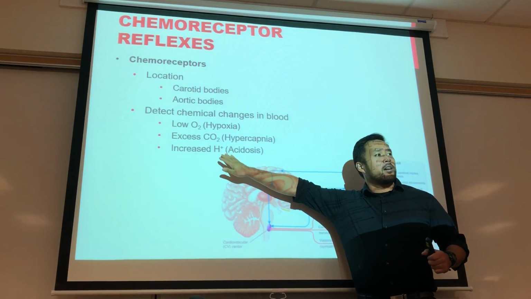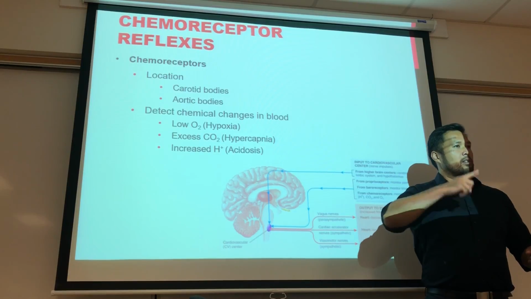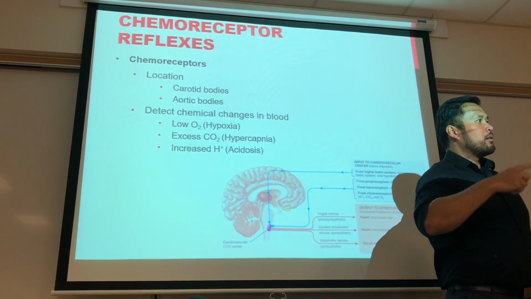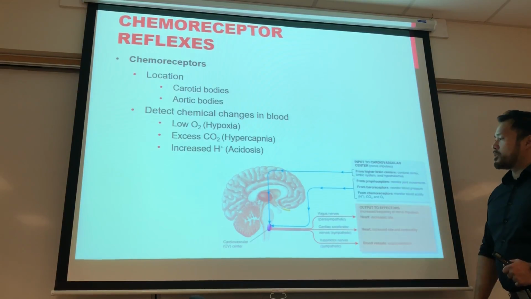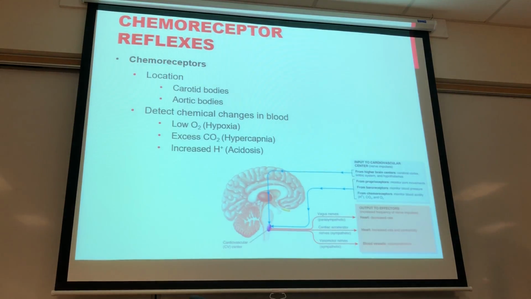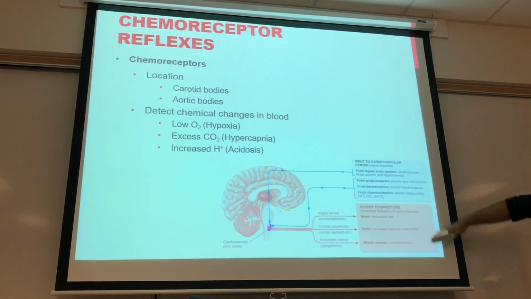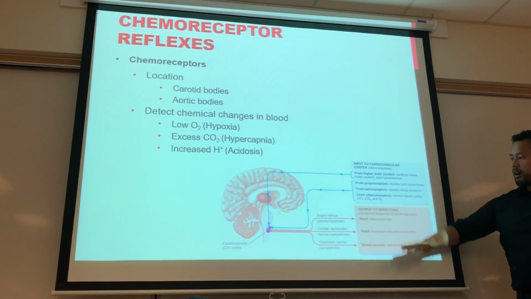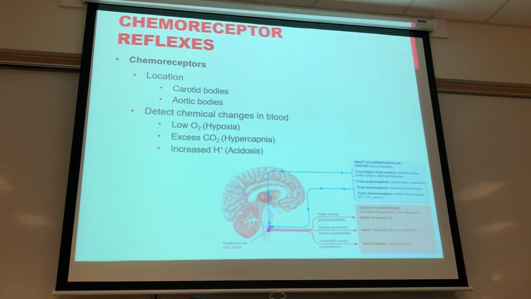Those hydrogen ions can also be buffered, but any acidosis that's taking place, again, we need to ramp up cardiac output. So bring it up, and therefore to maintain homeostatic values, maintain normal blood pressure. So all of these you've seen already, again, looking at input to the cardiovascular center, and then the outputs, whether the heart and then the blood vessels, in order to maintain normal blood pressure.